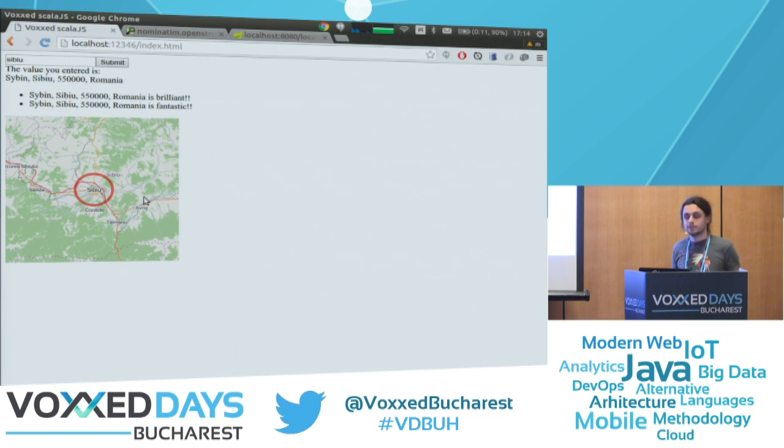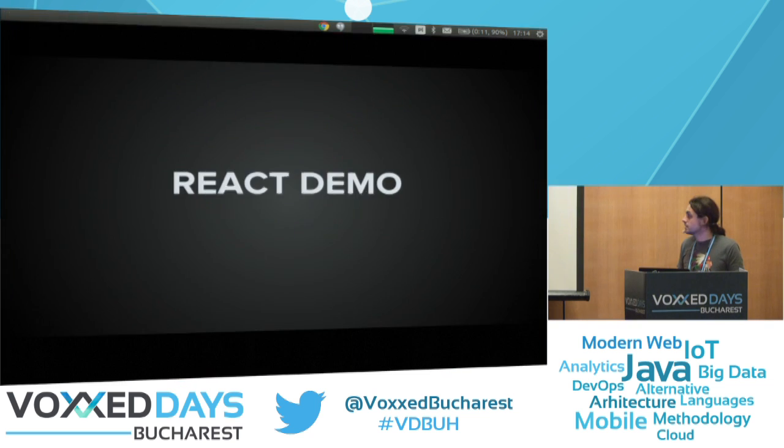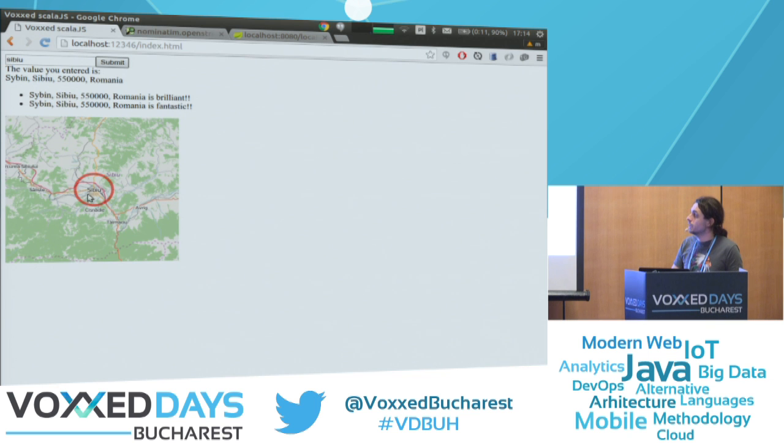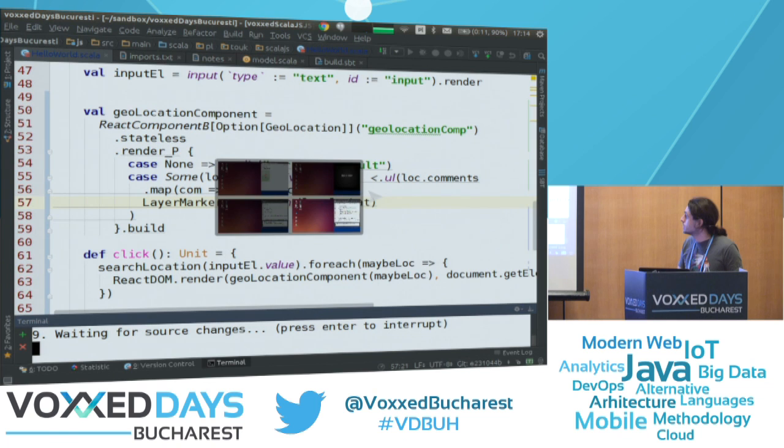So again, this is an example of using a normal JavaScript library that's doing kind of complex stuff. And essentially what I did, first I wrote some small facade library to expose the OpenLayers API to Scala.js, and then I've built a small React.js component to display the map with this round circle.